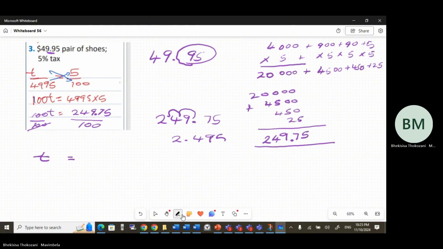Okay. I was looking for that eraser. I don't know where it is here. Oh, I got it. Okay.